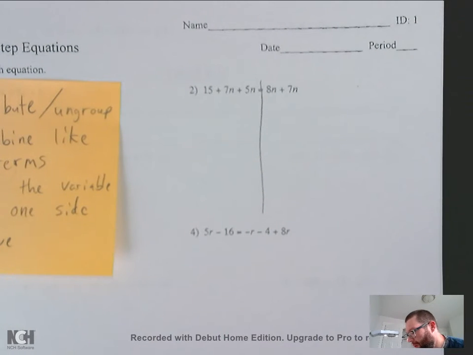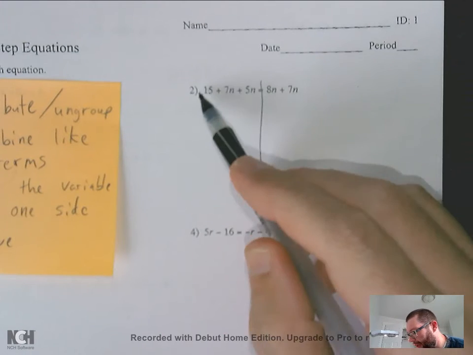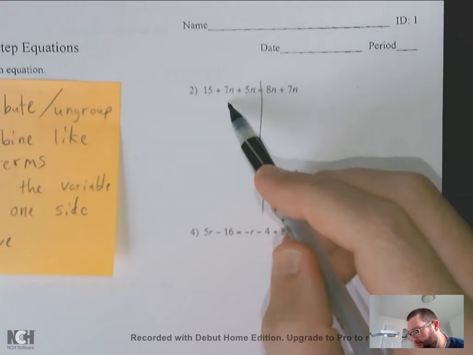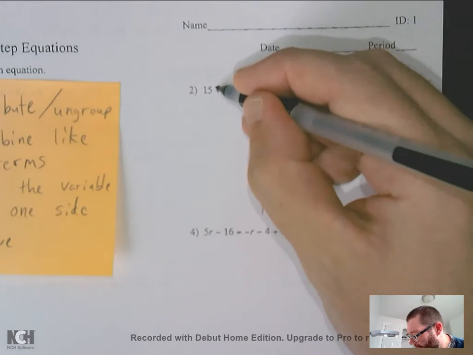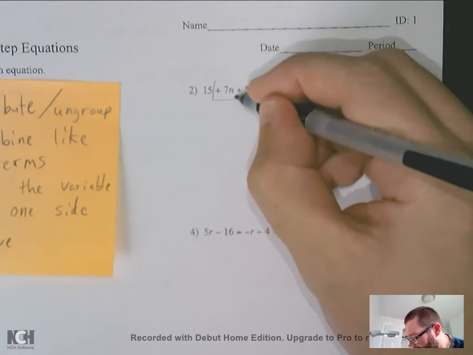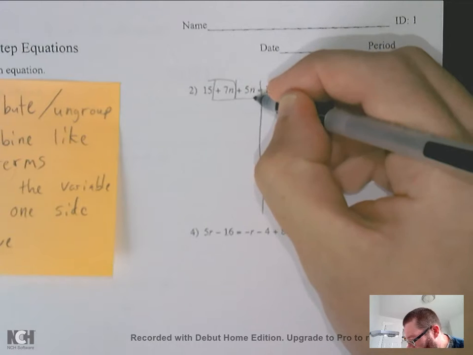Looking at this side of the line, I have a couple of terms that have an n in them. Those are like terms, so I can combine them. When combining like terms, I always take the sign in front of the term with it.